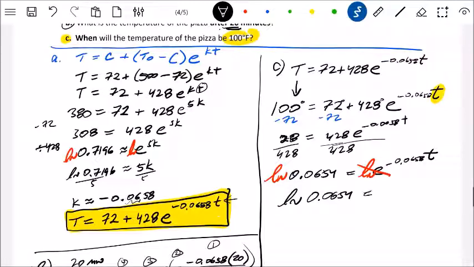Natural log of 0.0654 equals negative 0.0658 t. Do I have these numbers right? Yeah, I guess I do. It works out very well there.